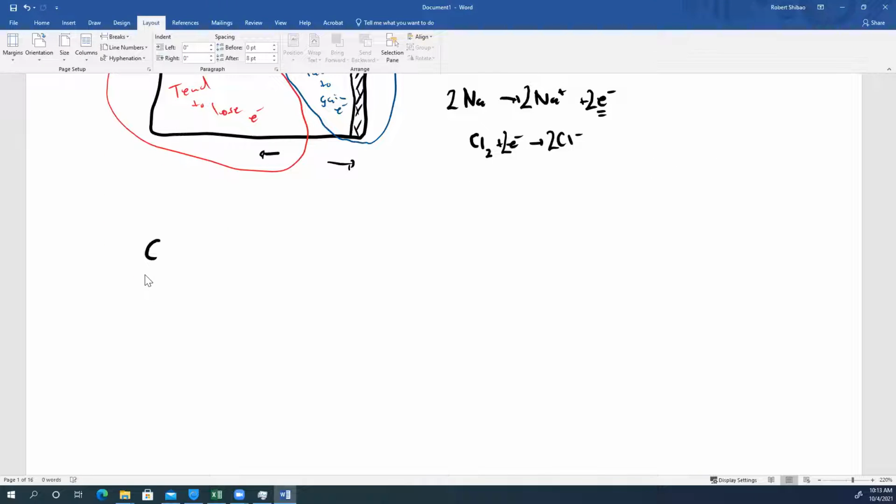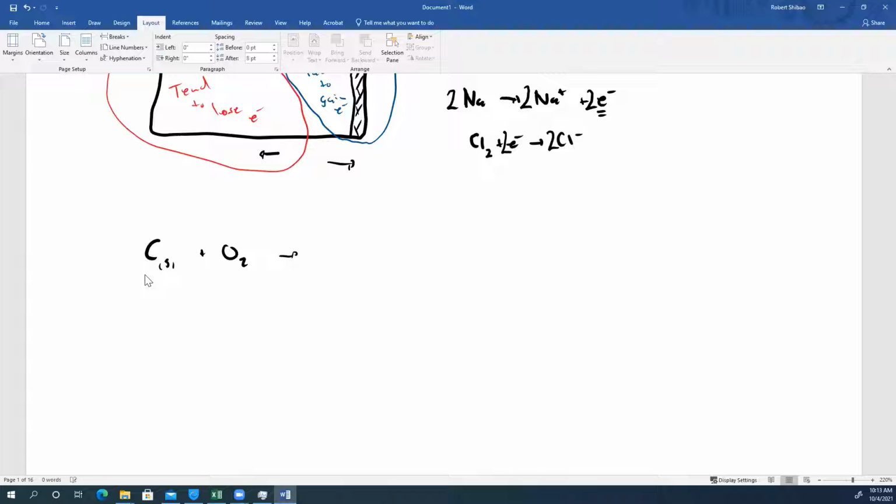So for example, carbon, we'll take carbon solid like charcoal, and react it with oxygen here. So if I take carbon solid, react that with oxygen, what's going to happen here is this.